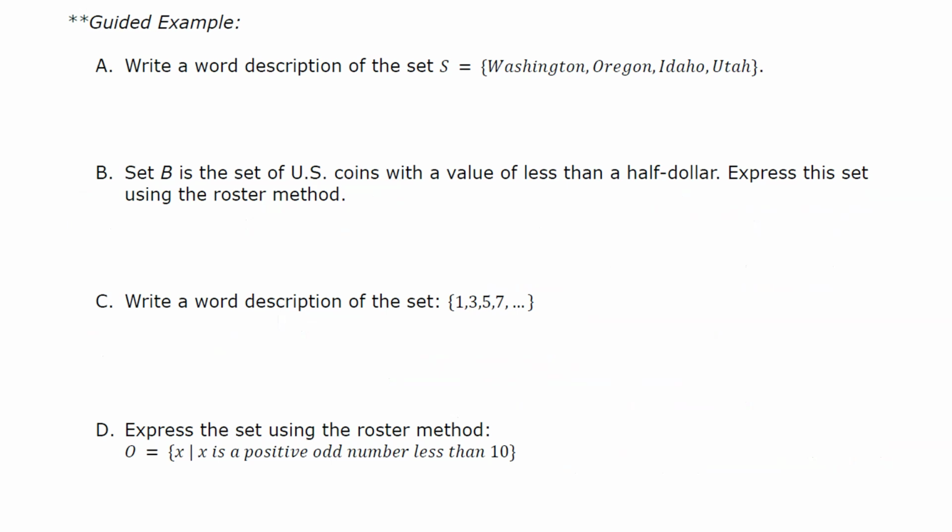So let's do some examples here. For the first one, we're asked to write a word description of the set S equaling Washington, Oregon, Idaho, and Utah.